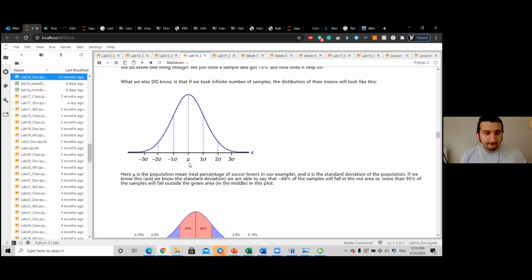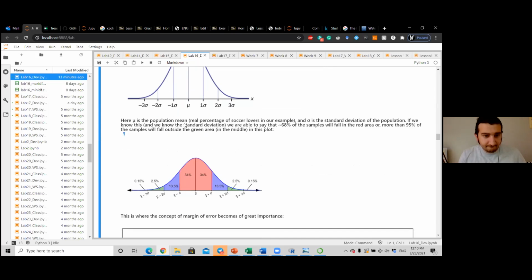Now, if I go one step to the right and one step to the left, and my step size is equal to my standard deviation, I will be able to capture almost 68% of my data. Yes?